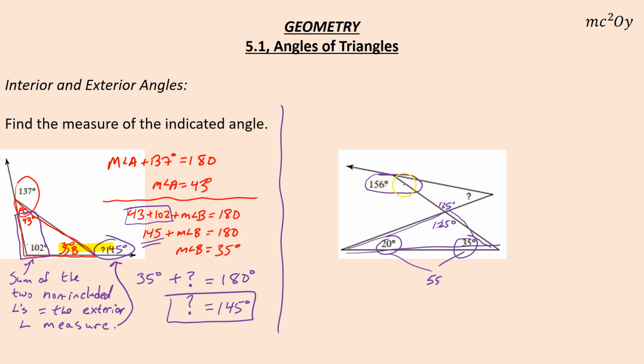All right, to find this, well, I'm going to have to use this relationship. Well, 156 plus something equals 180. Well, if I subtract 156 from 180, I find out that this is 24 degrees.